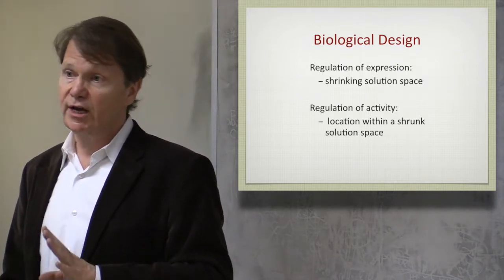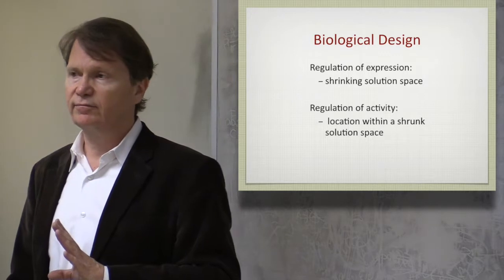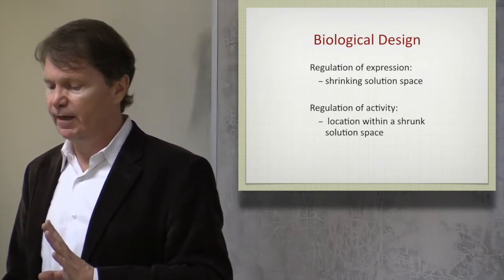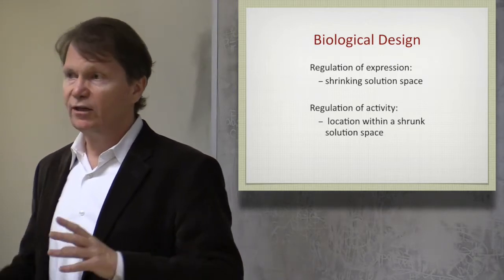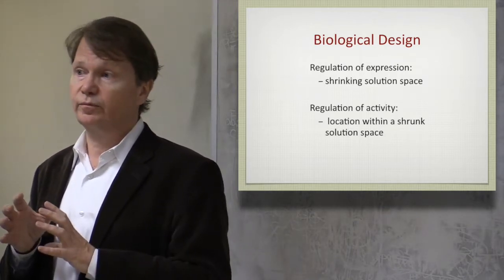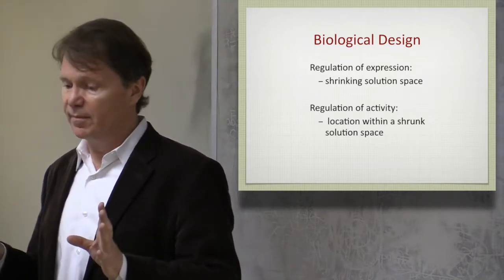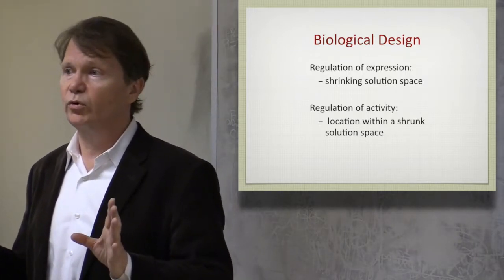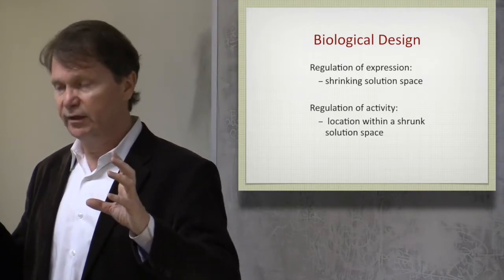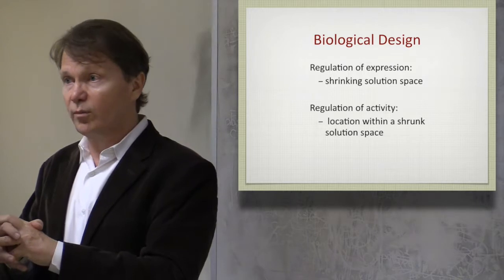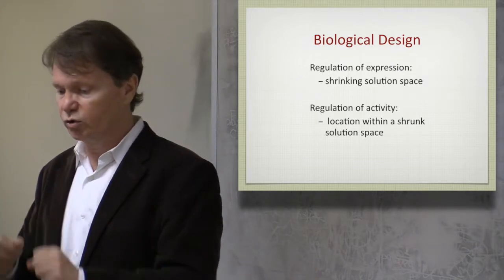The first is to decide which gene should be expressed, and that's the issue of transcriptional regulation. That'll shrink the solution space for you. Either we have the regulatory rules when we build the TRN, or you can simply measure which proteins are there or which transcripts are there. And with that, there are a number of methods we'll talk about. You can shrink the solution space. But it doesn't go down to a point. It goes to a smaller solution space.